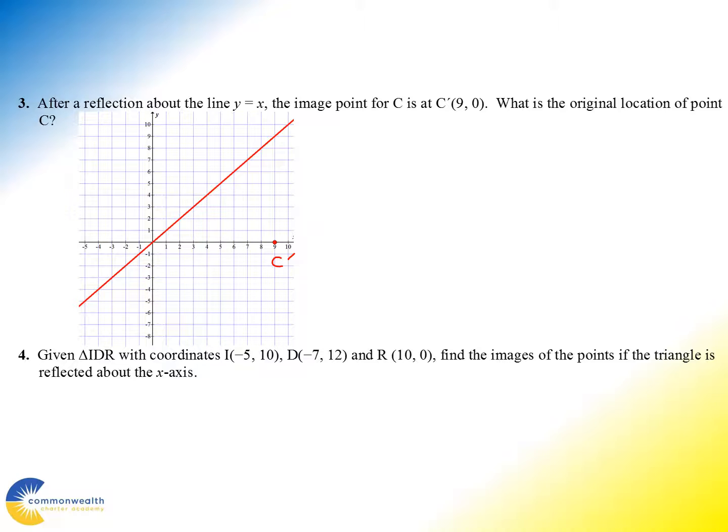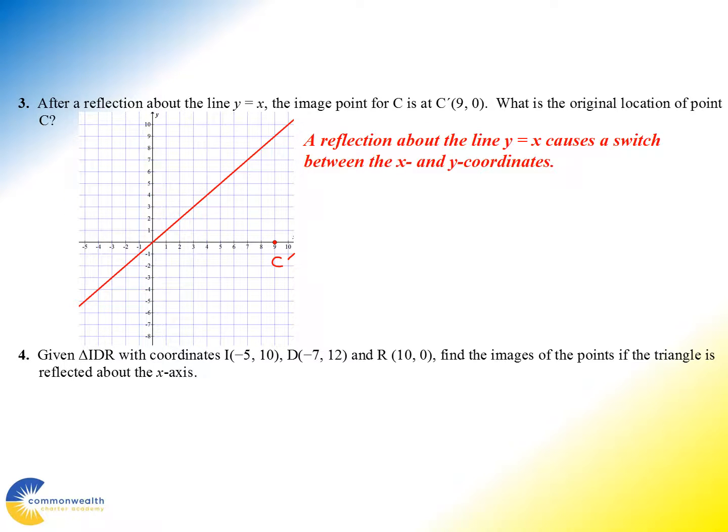So this is 9 units away vertically, which means its pre-image should be 9 units to the left up here. Or I just switched the x and y coordinates essentially. So, since this one is at 9, 0, the original had to have been at 0, 9.